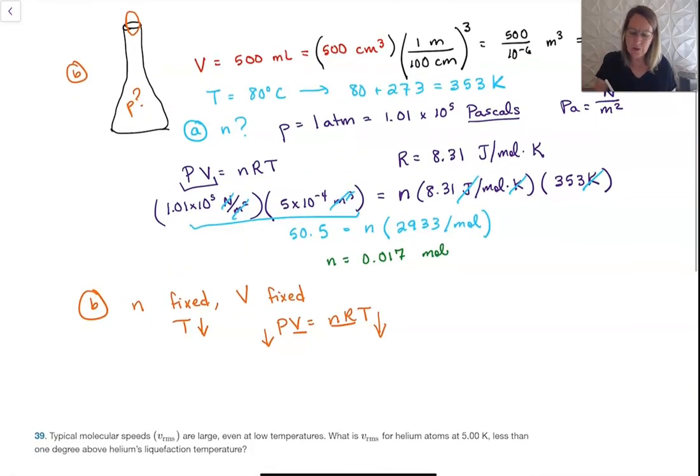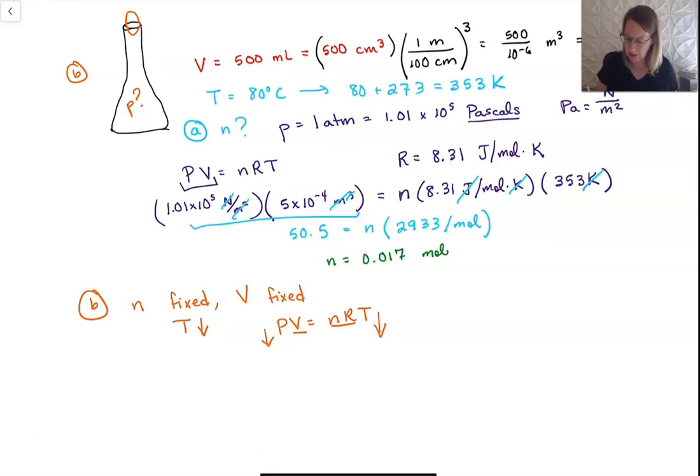So we don't have to calculate all of these things. We can just say pressure over temperature is equal to nR over V, and this is a constant.